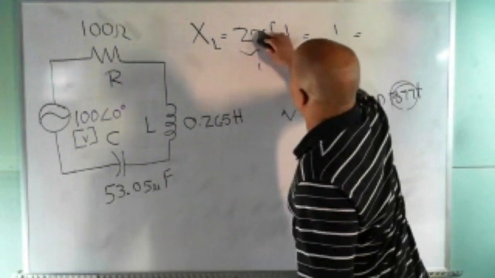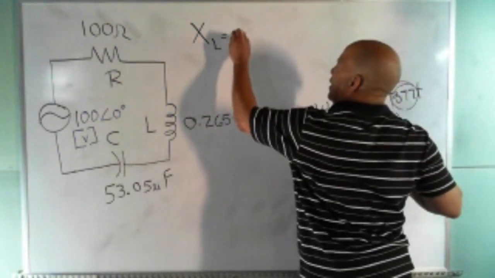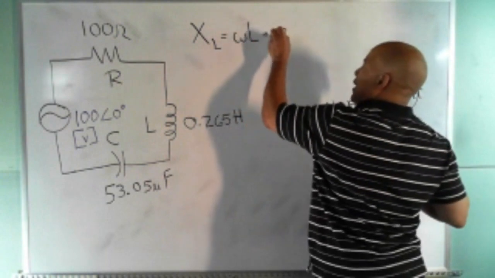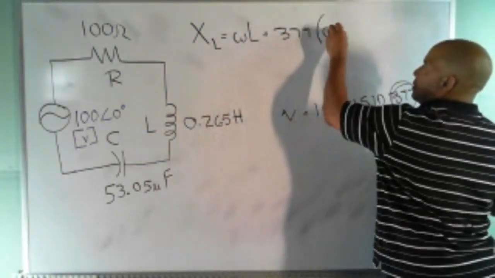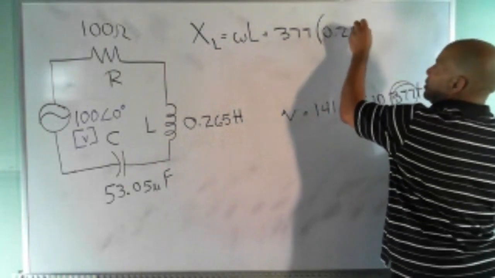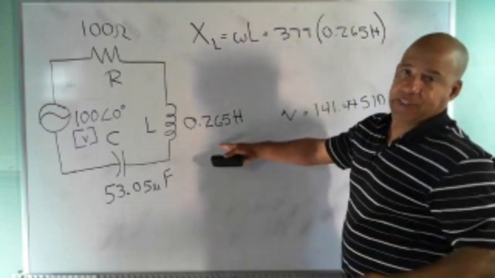So this is going to be omega L, with 377 and L, and that will convert this to XL.